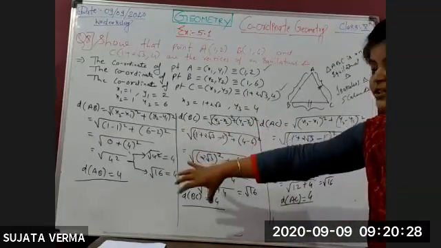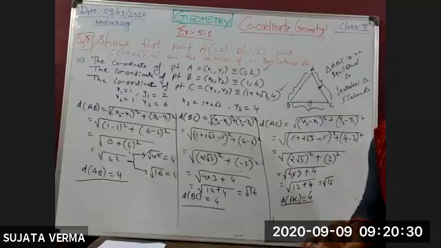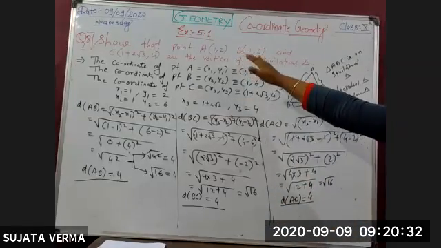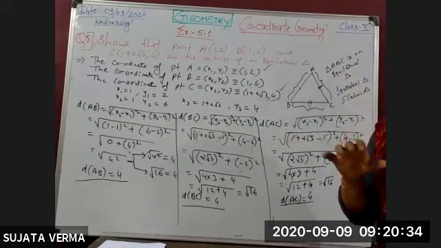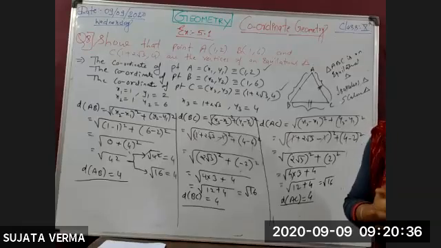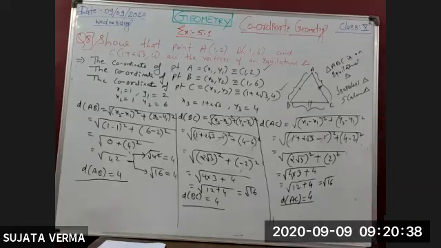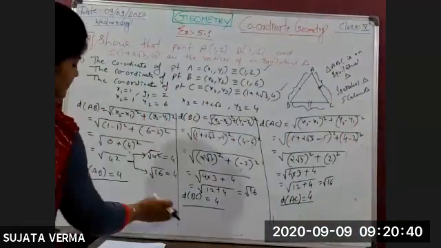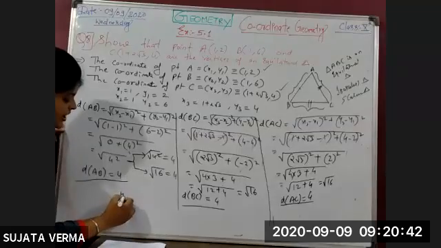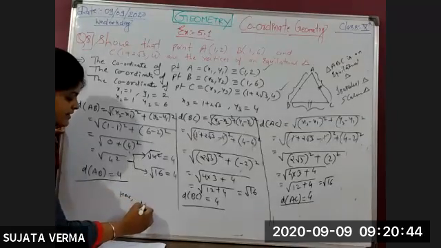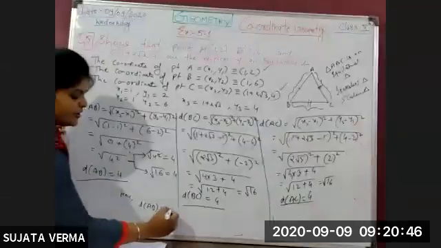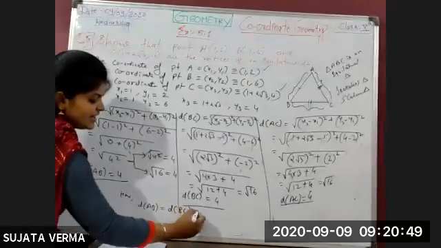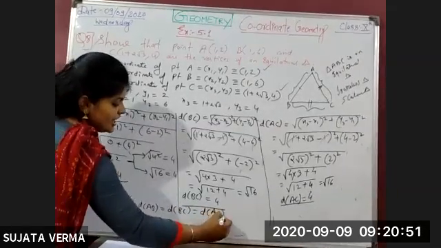If all the sides are equal, then we say that the points A, B and C are the vertices of an equilateral triangle. So finally we write the last line here. Here distance of AB is equal to distance of BC is equal to distance of AC.